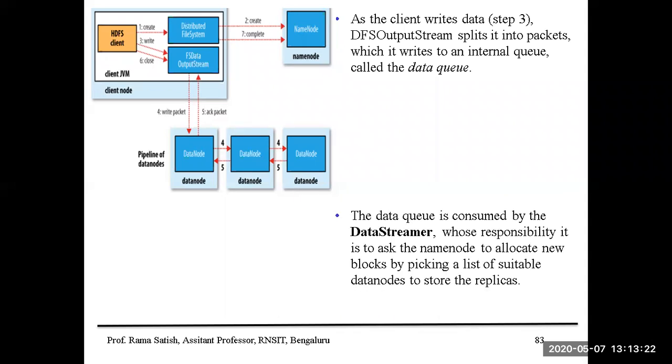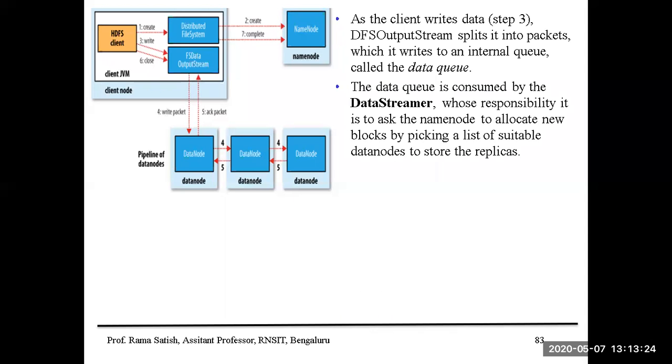Once this data queue is composed, the data queue is consumed by the data streamer, whose responsibility is to ask the name node to allocate new blocks by picking a list of suitable data nodes to store the replicas.